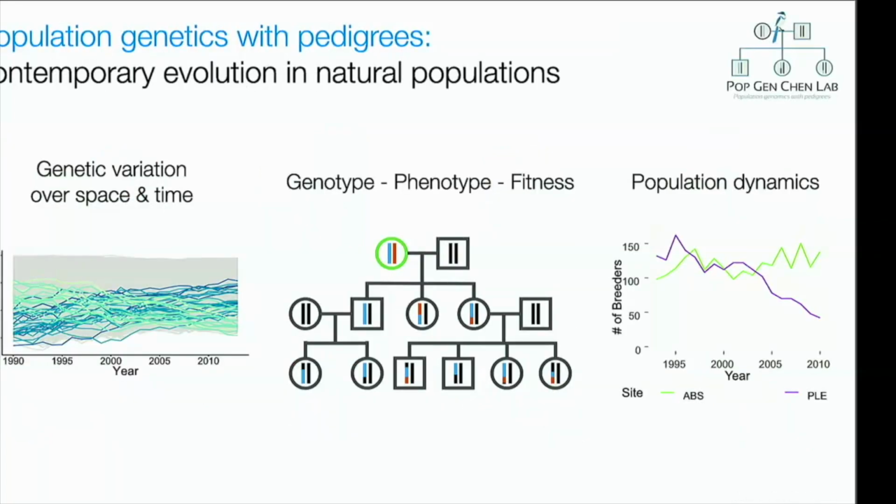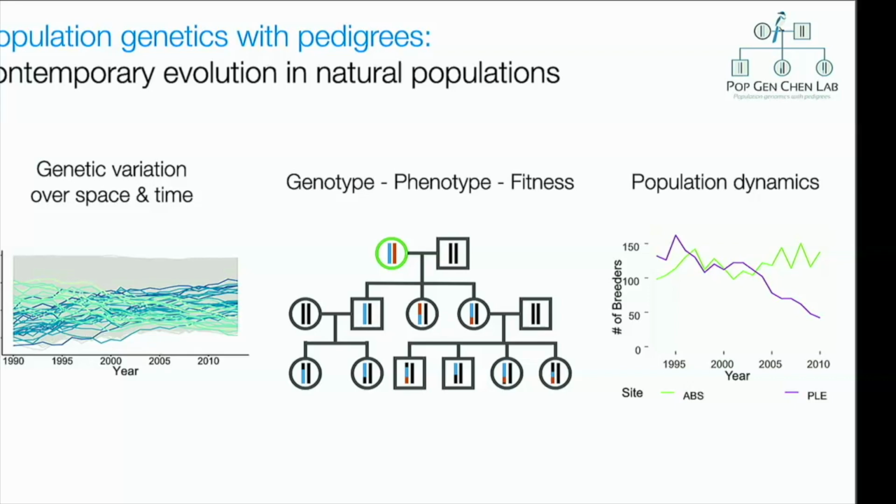My lab is really interested in doing population genetics with pedigrees. We develop genomic resources and tools to combine evolutionary genomics with these multi-decade demographic studies that have extensive information on individual phenotypes, lifespans, natural history and ecology, in order to answer a lot of questions about short-term evolution in natural populations.